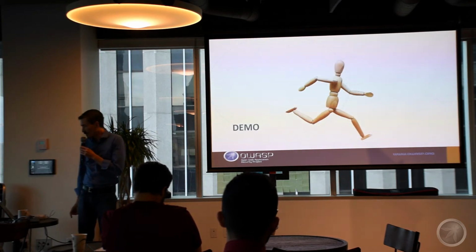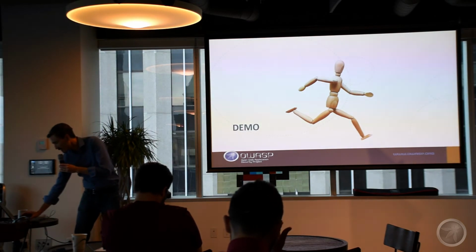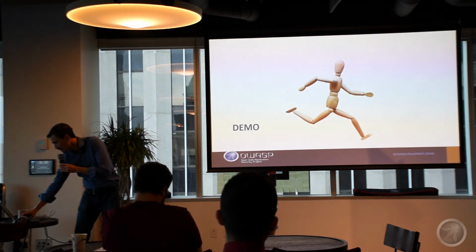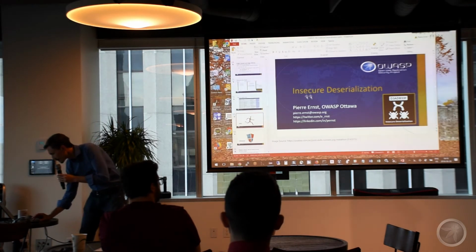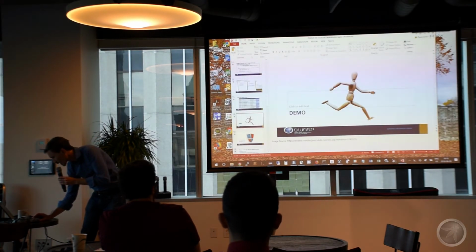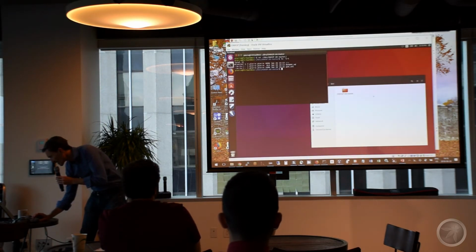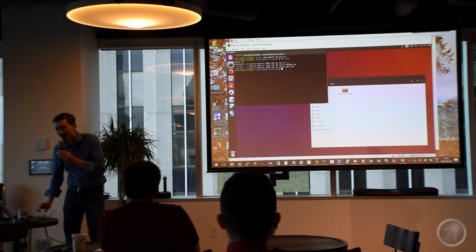Now we come to the point where I do a little demo. I'm running a VM, which is not networked, as you see here, because I know you guys like to play jokes.